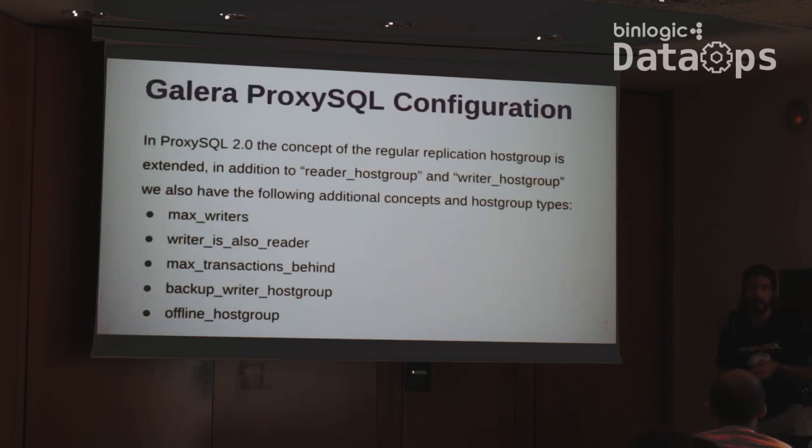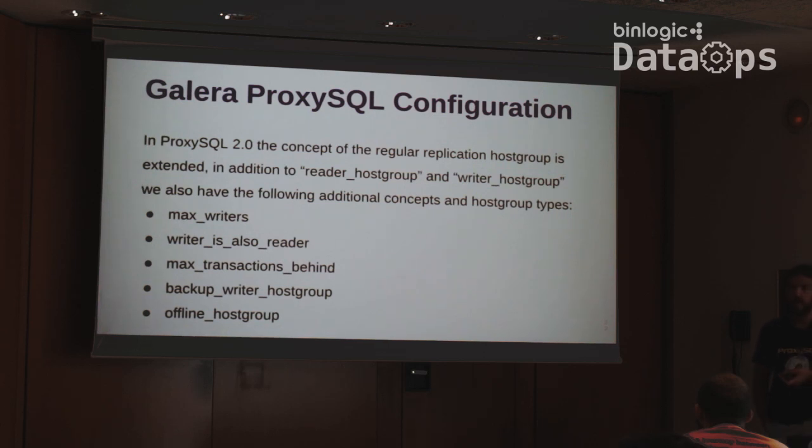If you have used MySQL with ProxySQL 1.4, you know that there was also support for group replication. Group replication was done using a table called mysql_group_replication_hostgroups, where you find the reader hostgroup and the writer hostgroup.